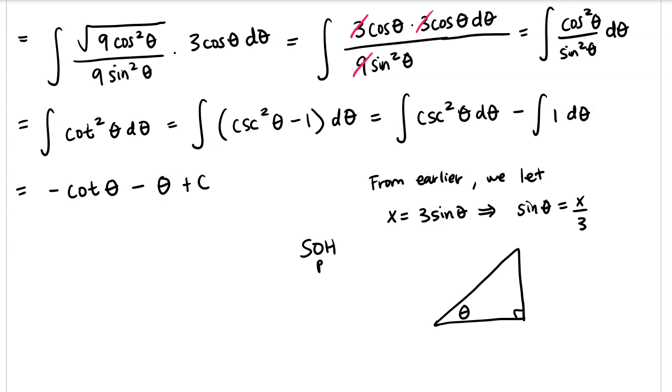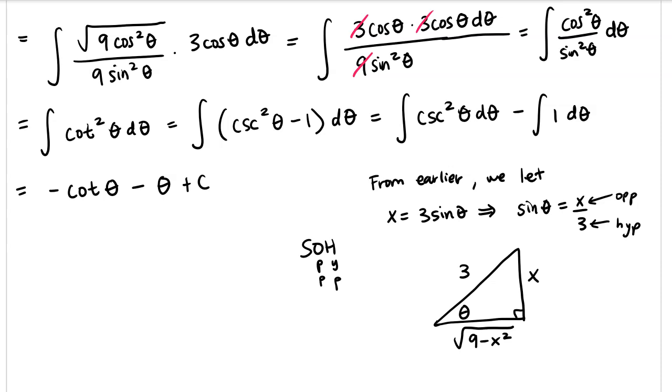Sine is opposite over hypotenuse, so this represents my opposite side length, and this represents my hypotenuse. Here we can fill in x, and on my hypotenuse I can fill in 3. To fill in the remaining side length, I could use the Pythagorean theorem, and it would tell me that this remaining side length is the square root of 9 minus x squared. And that's actually the original thing that we had in our integral, so who knows, is that a coincidence?